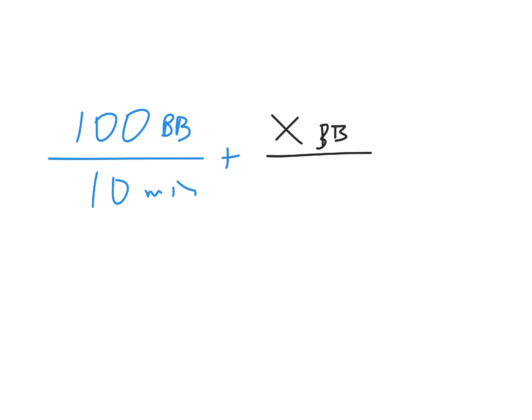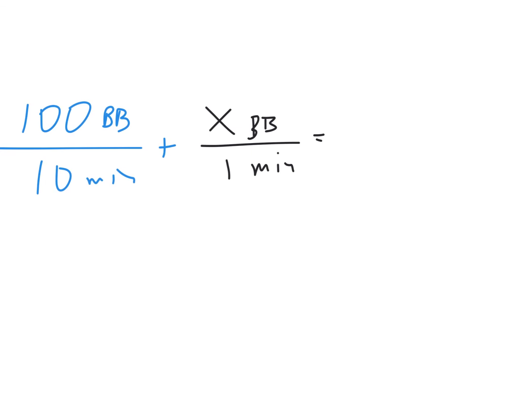I'm going to say we don't know how many she picks per minute. But I know that when we worked together, she and I picked 700 blueberries in 7 minutes. Let's say 7 because it'll reduce so much nicer.